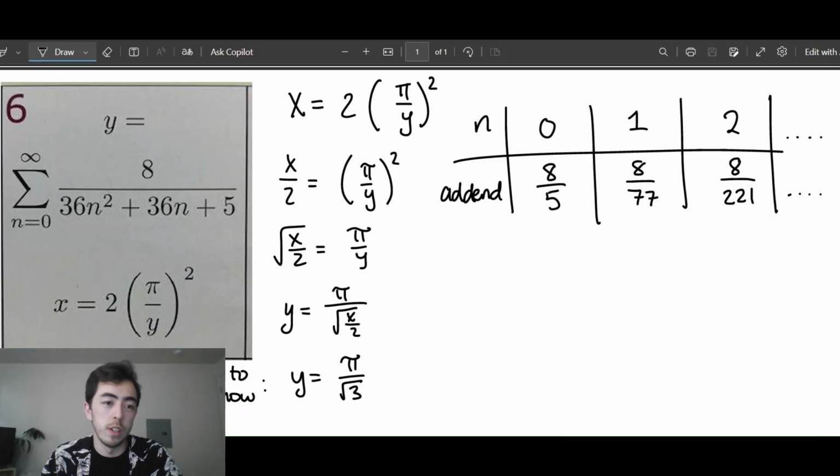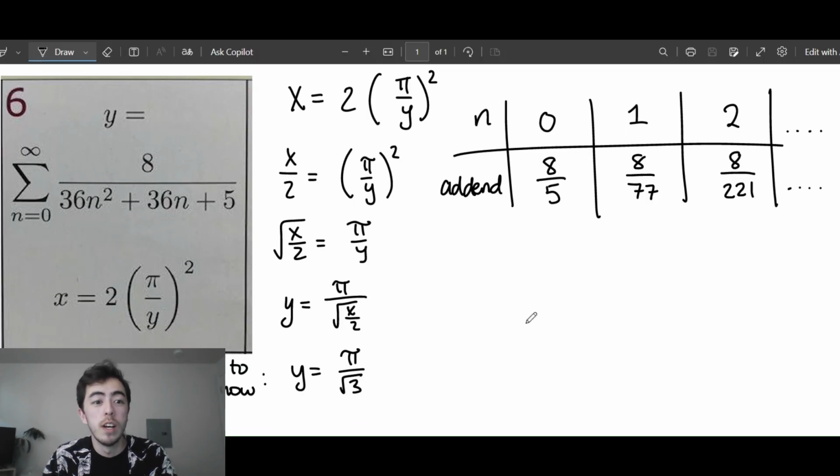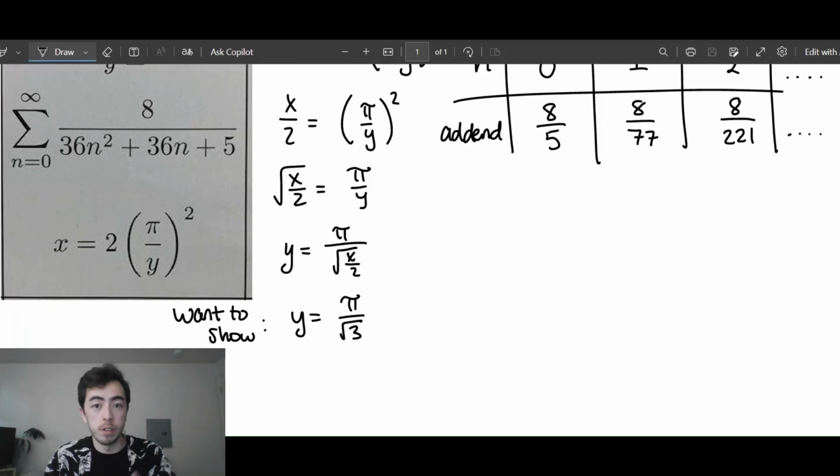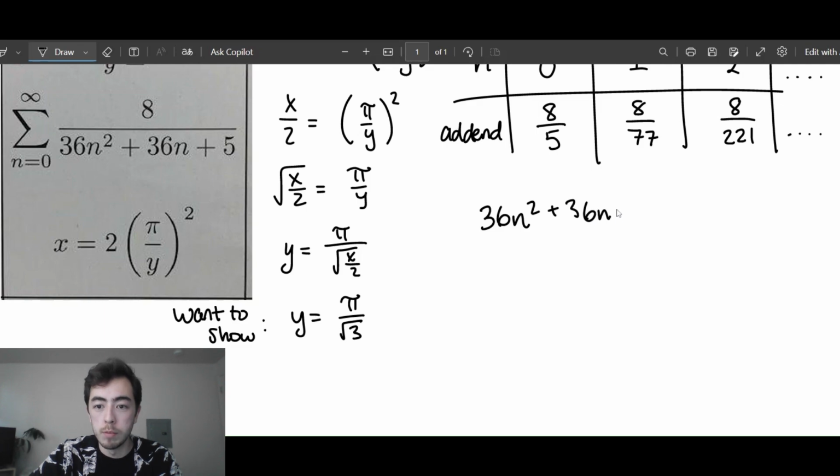So I'm honestly really not sure if this is going to work, but I'm just trying things out. I noticed that the denominator here is factorable, and there's something we can do about that. So first off, I want to just kind of show that the denominator is indeed factorable, and it's going to be 6n plus 1 times 6n plus 5, right?